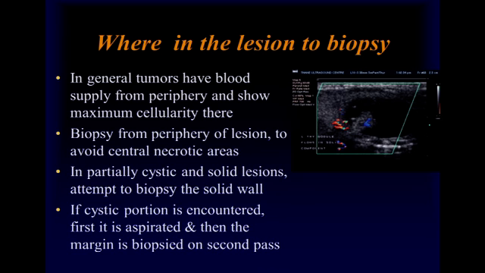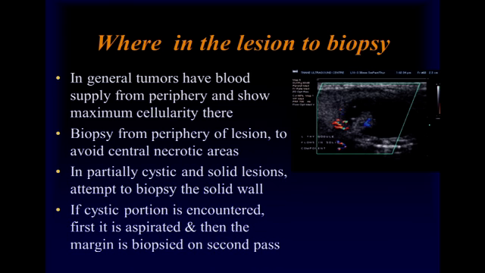Generally, the yield is more from the periphery of the lesion because very often the center of the lesion is necrotic. And if we have a partially cystic and a solid lesion, it is important to hit the solid area first. Remove the needle and then if required, take the fluid from the cystic area.